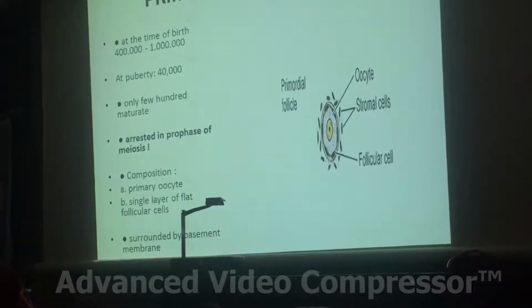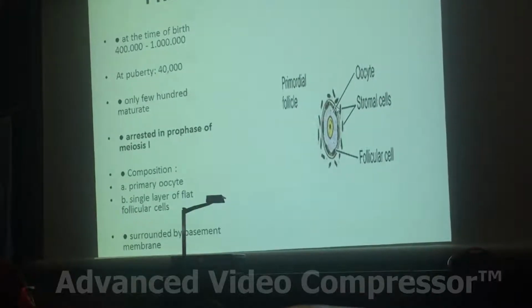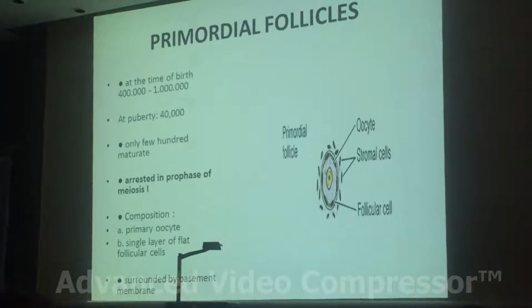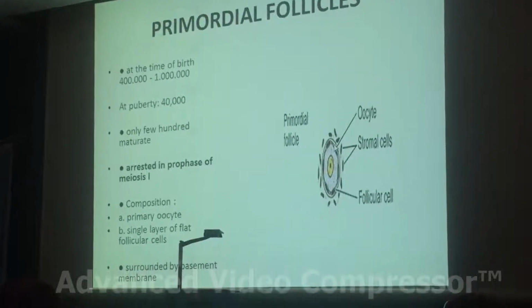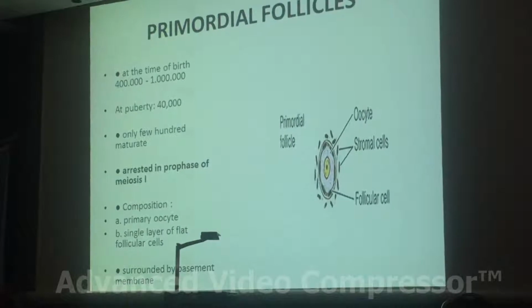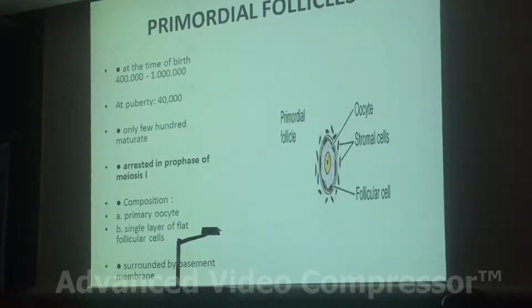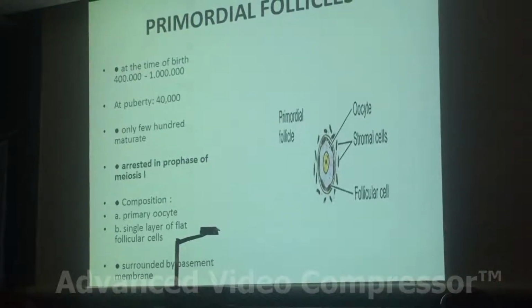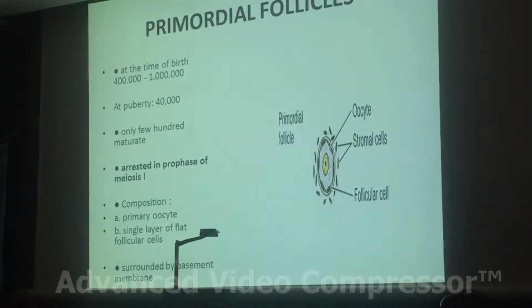These flat epithelial cells will be termed follicular cells, squamous cells. The primary oocyte and the surrounding follicular cells will be termed the primordial follicle. When I say before birth the ovary is filled with primordial follicles, I mean a primary oocyte arrested in prophase 1, surrounded by a layer of flat follicular cells.